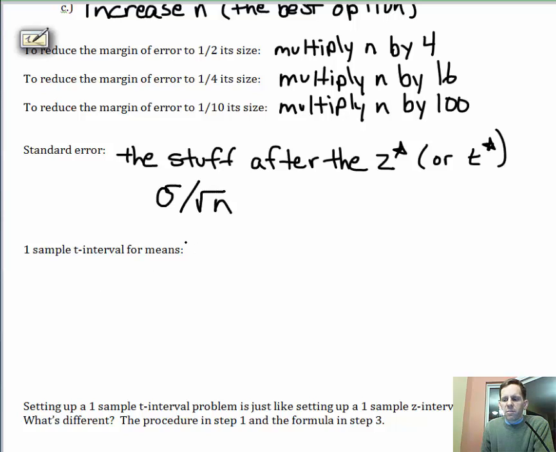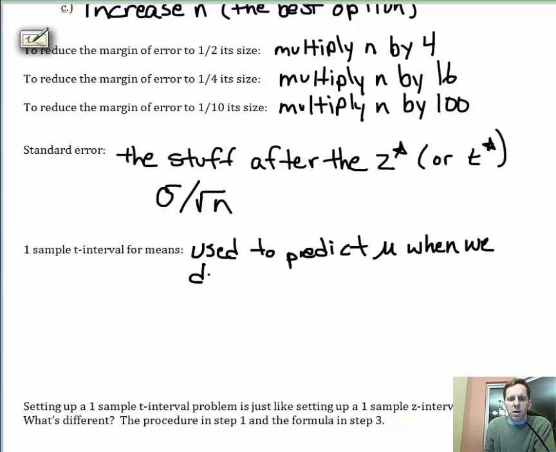Now, we've already talked about the fact that a one sample z interval is not terribly practical because a lot of times we don't know what sigma is. And if you don't know what sigma is equal to, but you want to make an estimate for mu, we use something called a one sample t interval for means. This is used to predict mu when we don't know sigma.